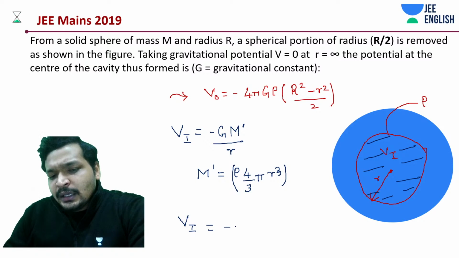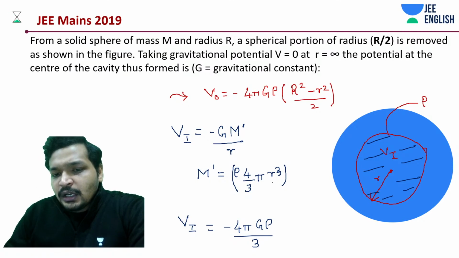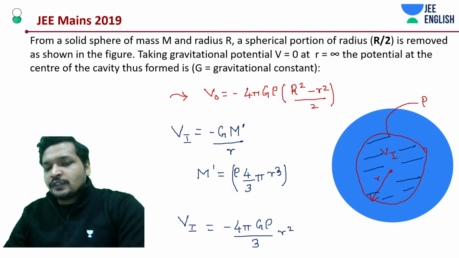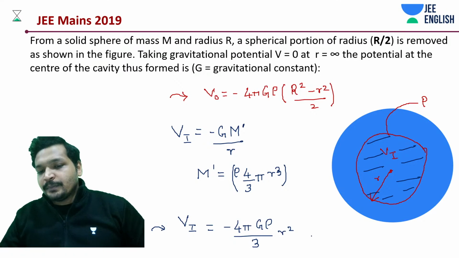Substitute this value, you'll be getting VI. VI is going to be minus 4 pi rho by 3 into r cube divided by r. You'll be having r square. Everything looks fine. Just add both of them.